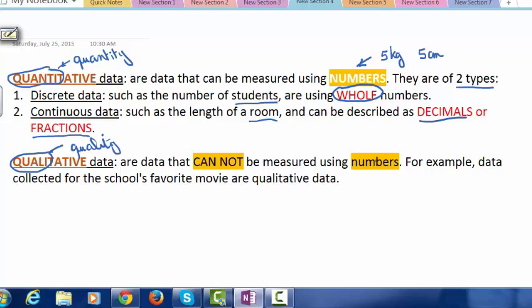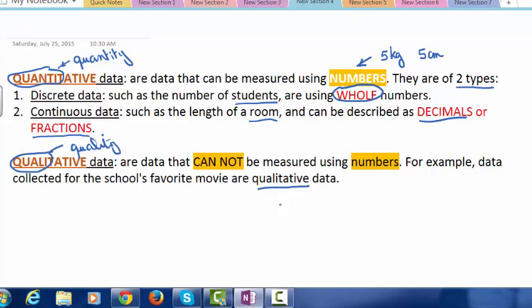As an example, data collected for the school's favorite movie are qualitative data. If I ask someone, what is your favorite movie? He's going to give me a name, not a number. If I ask the students about the school's favorite sport, they give me a name, not a number. In this case, we call it qualitative data.